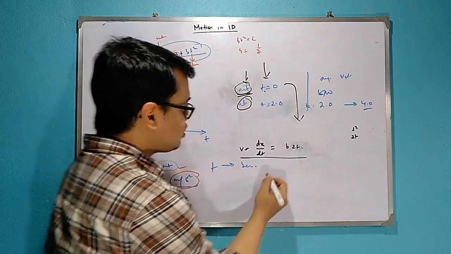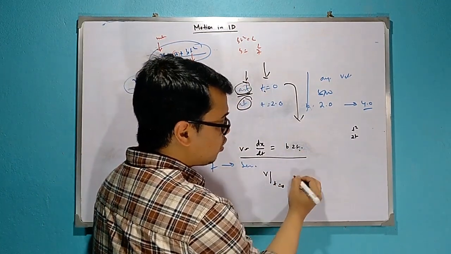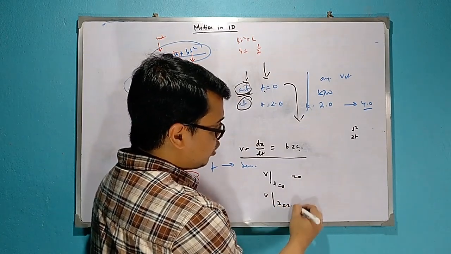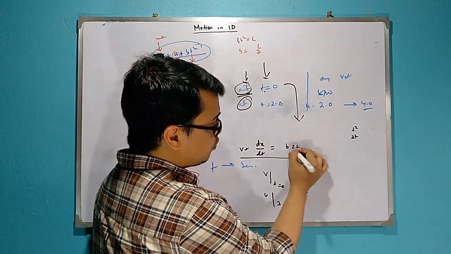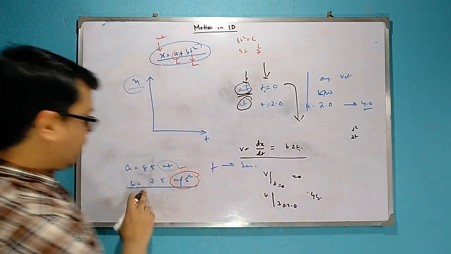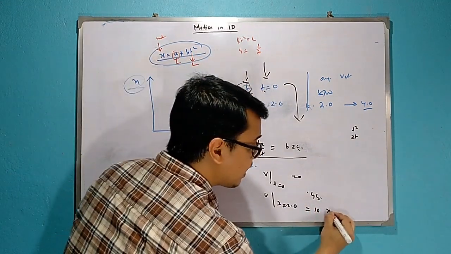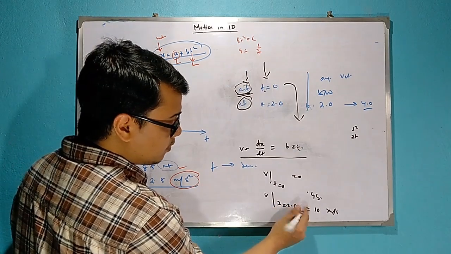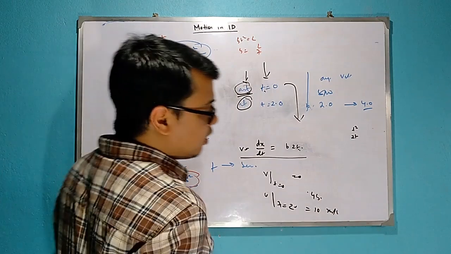At t = 0, put t = 0, it will be 0. At t = 2, it will be 2 into 2b, that is 4b, and b is 2.5, that means 10. The unit is meter per second. So at t = 2, v will be 10 meter per second.